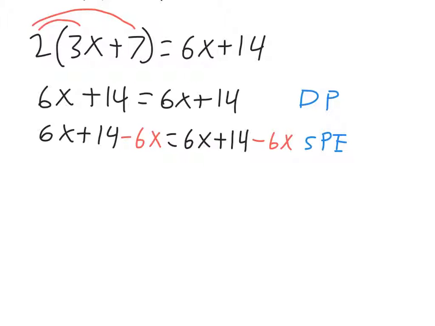And then we combine like terms, and the 6x's cancel to leave just 14 on the left side, and then on the right side the 6x's cancel again to leave just 14 on the right side.